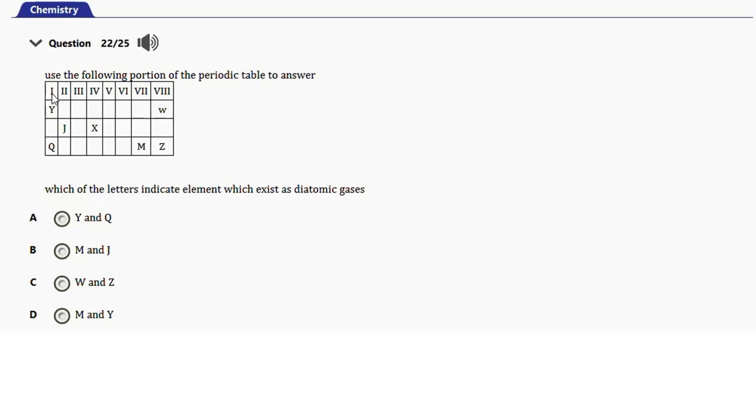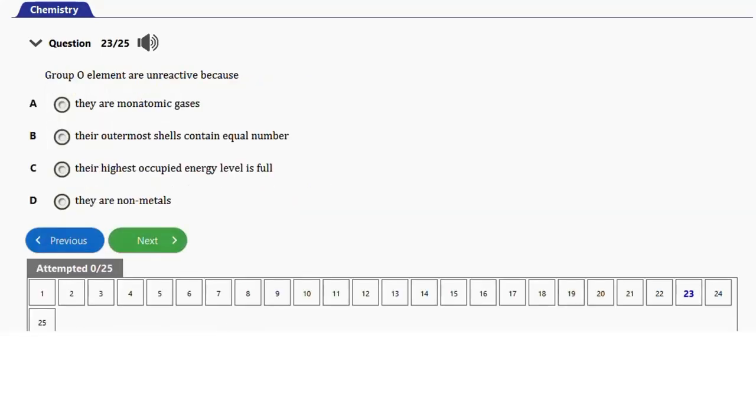So the right option is the one that has Y and M. So option D is the right answer for this question. So that's it for this question. And the next subject question is this one, it says group 0 elements are unreactive because they are monatomic gases.